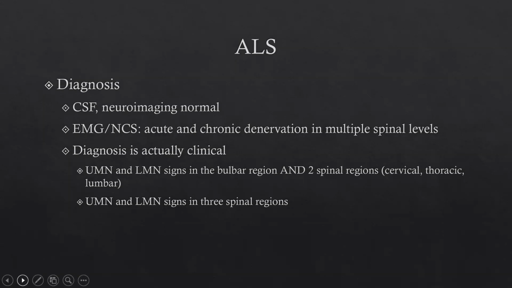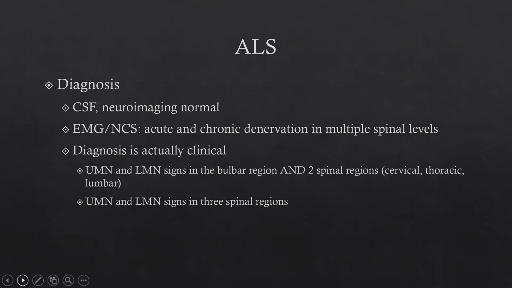So here you're talking about acute and chronic denervation in the bulbar region, and then your cervical spine, your thoracic spine, and your lumbosacral spine. You want to be able to look for this evidence for you to call it amyotrophic lateral sclerosis. So diagnosis is usually clinical, and you get recruitment of upper and lower motor neuron lesion features in the different regions that I have talked about.